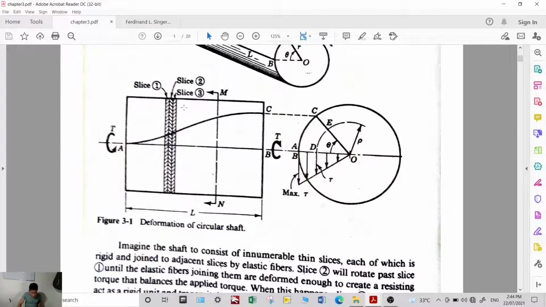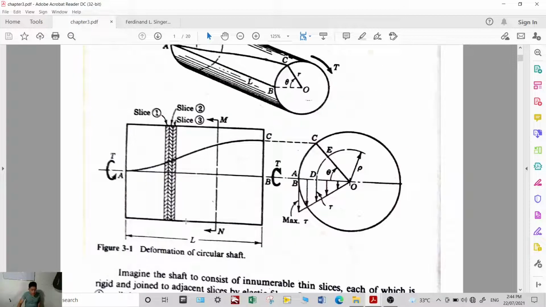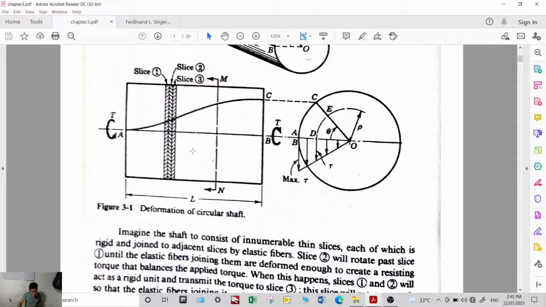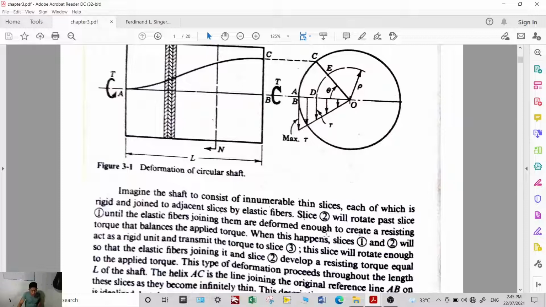Now, slice 2 will rotate past slice 1 until the elastic fibers joining them are deformed enough to create a resisting torque that balances the applied torque.